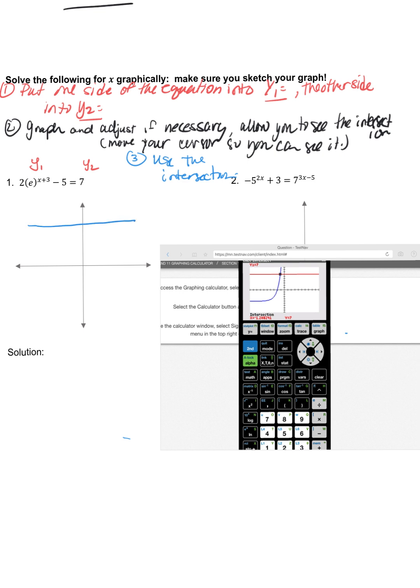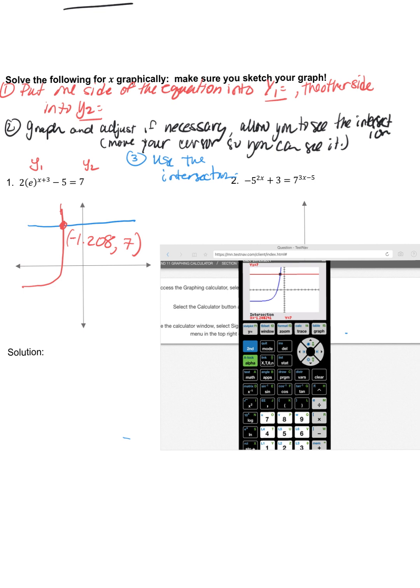And then my other graph, the exponential graph, comes up like right around here, and then goes up and intersects, okay? Now the point is negative 1.208, comma 7, okay?